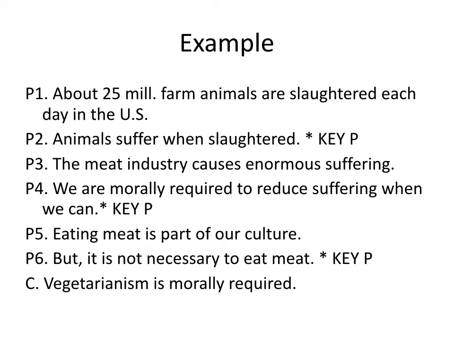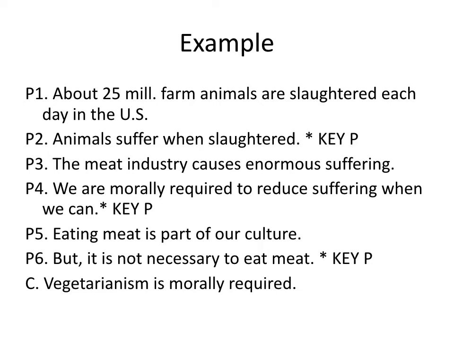P3, I have not labeled that one as a key premise because it's actually repetitive. P2 already said animals suffer when slaughtered. P3 says much the same thing in a slightly different way. So it's not a really important premise.